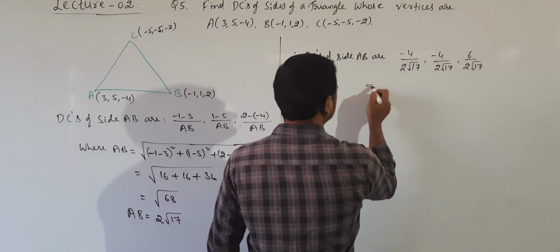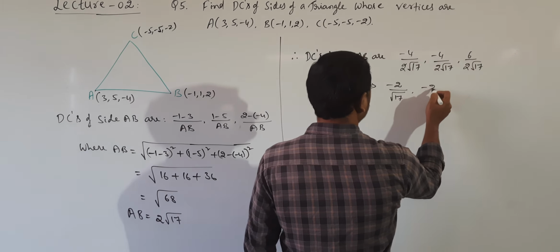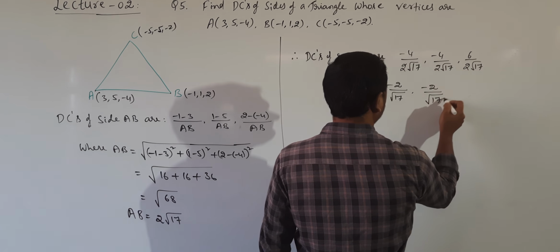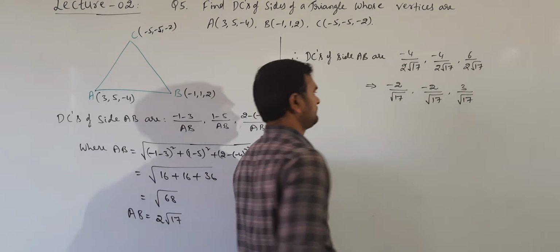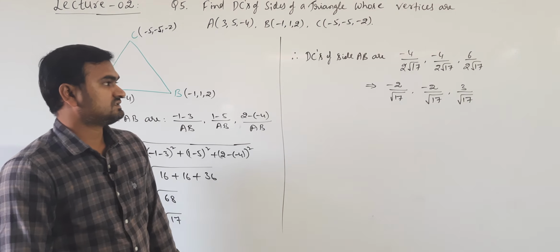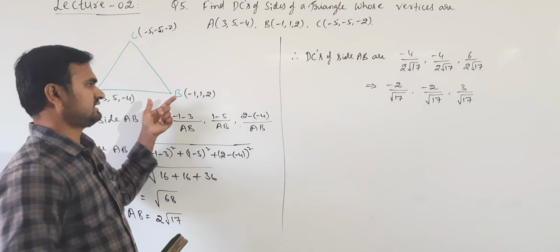Cancelling 2, we get minus 2 by root 17, minus 2 by root 17, 3 by root 17. Understand? So this is the method of finding the DCs of one side, that is AB.